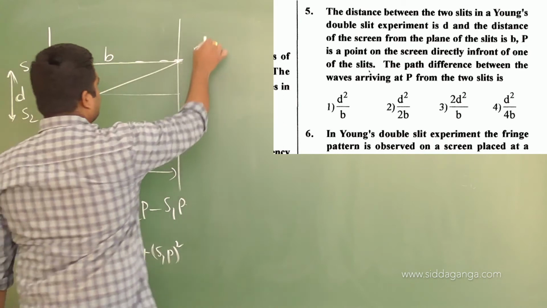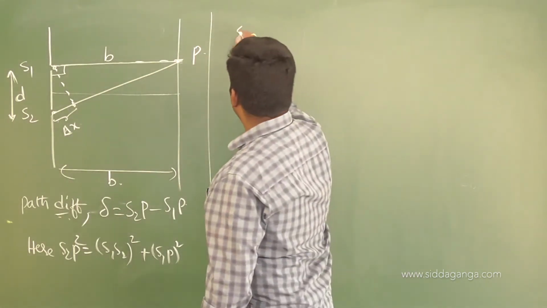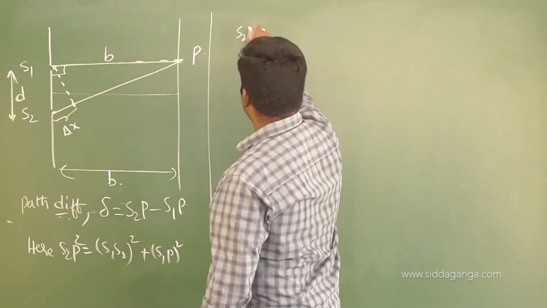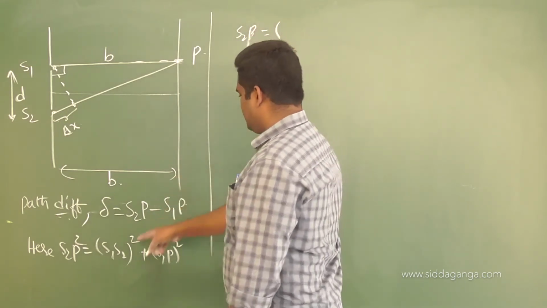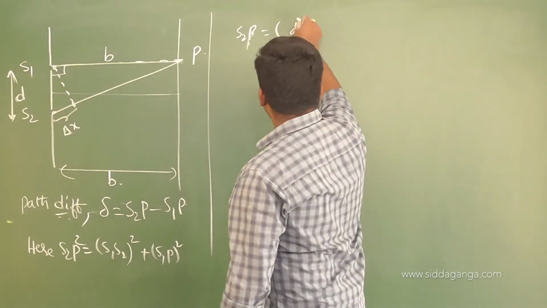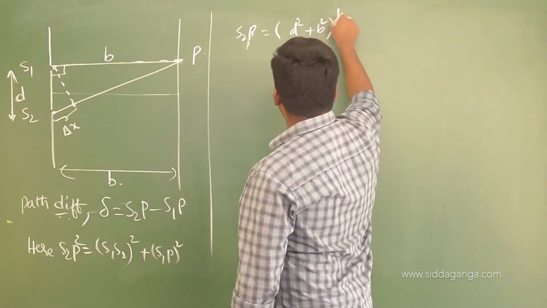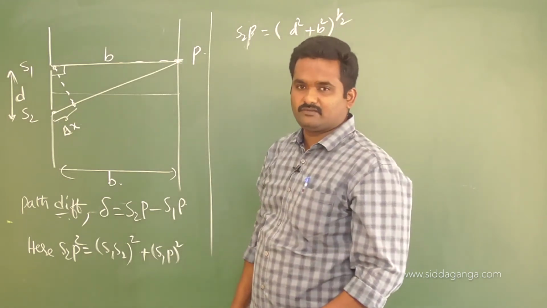So S2P will be equal to, tell me now, S1S2 is nothing but small d, so this is d square, plus S1P is nothing but B, that is B square, whole power 1 by 2. That is the root we are going to find.